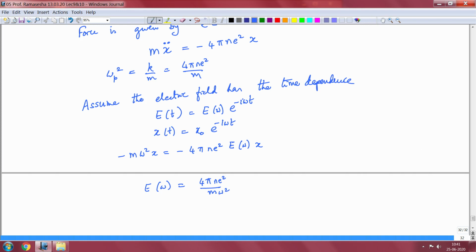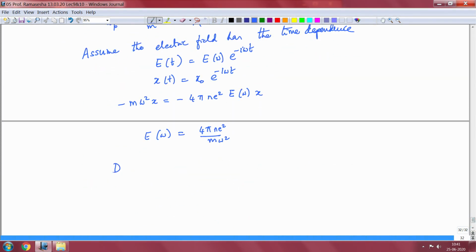So I have E omega of this form, and the displacement, electric displacement D omega, is given by E plus 4 pi P omega, and we have D omega is equal to E omega minus 4 pi n e squared by m omega squared into E omega.